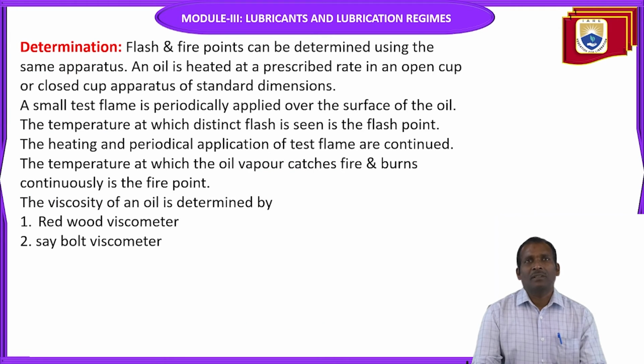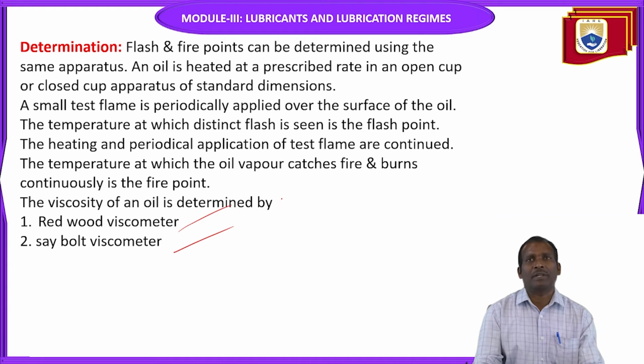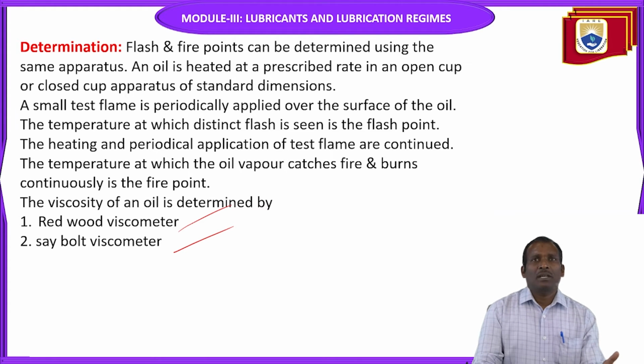Next, determination. The flash and fire points can be determined using the same apparatus. The apparatus are the Redwood viscometer and Saybolt viscometer. Here the small test flame is periodically applied over the surface of the oil. The temperature at which the distinct flash is seen is the flash point.